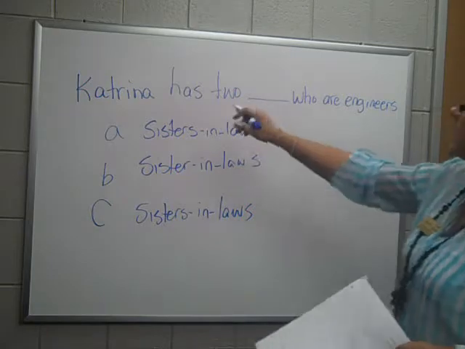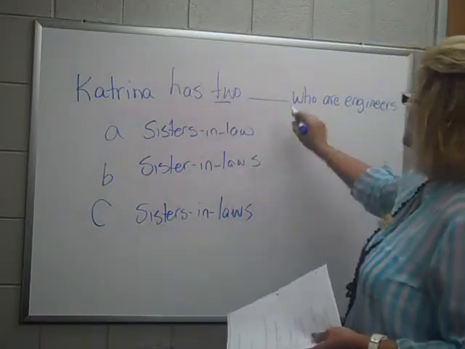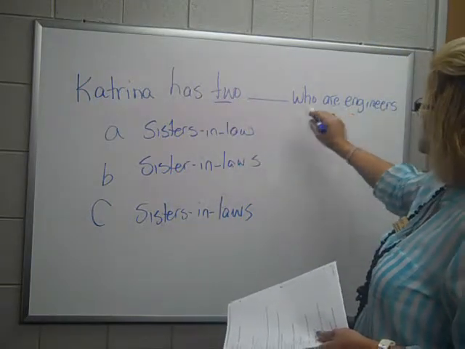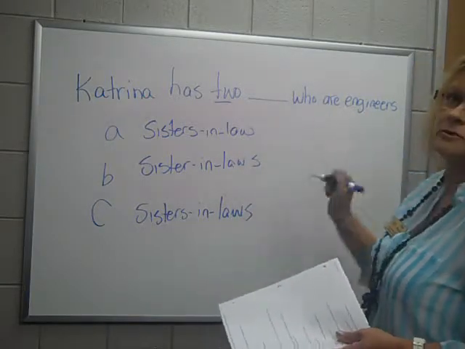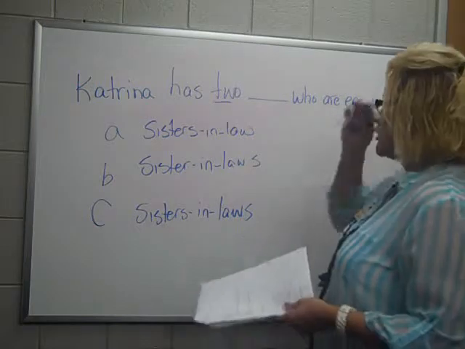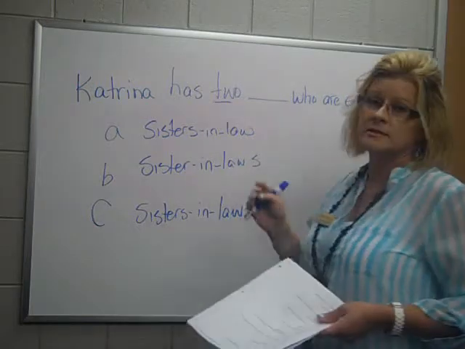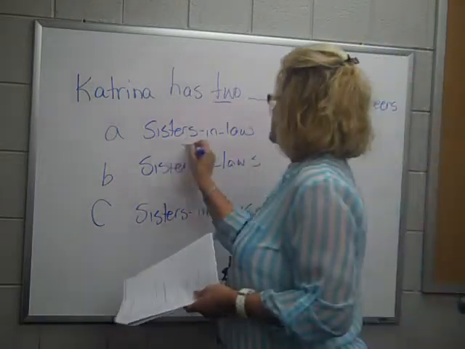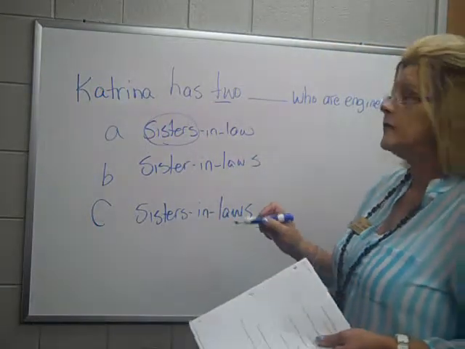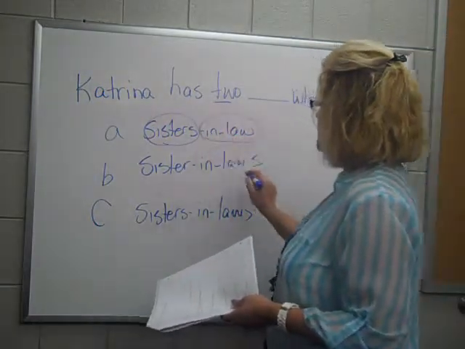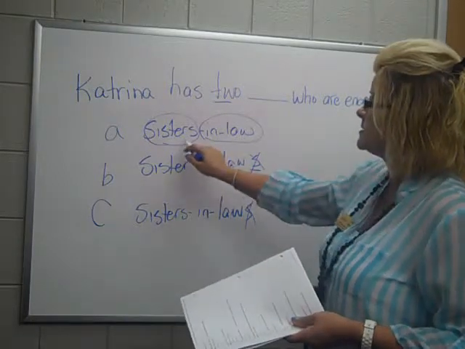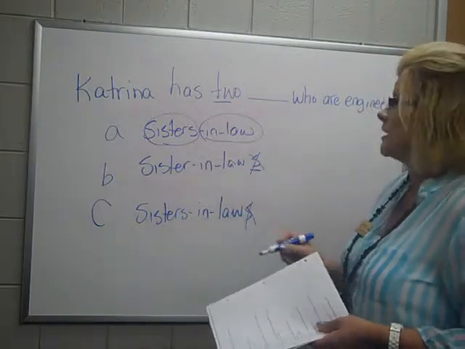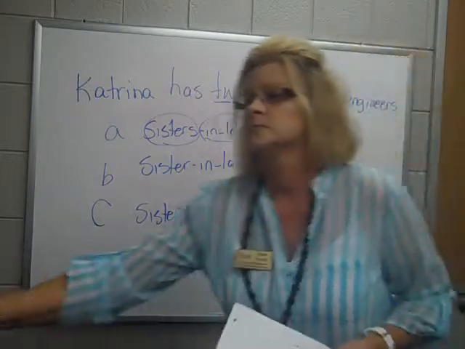Okay, Katrina has two sisters-in-laws who are engineers. So we know that she has two sisters, okay? That's the first thing we'll look at. And they're both in-law, okay? But we're not going to go in-laws. So it's two sisters-in-law, just like sons-in-law, okay?